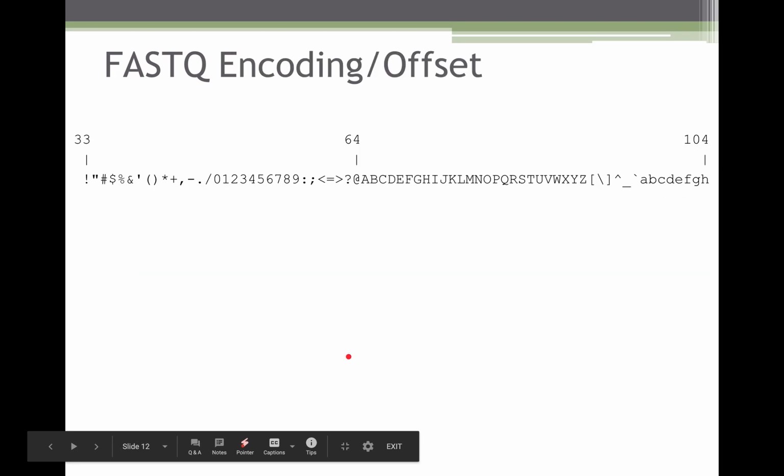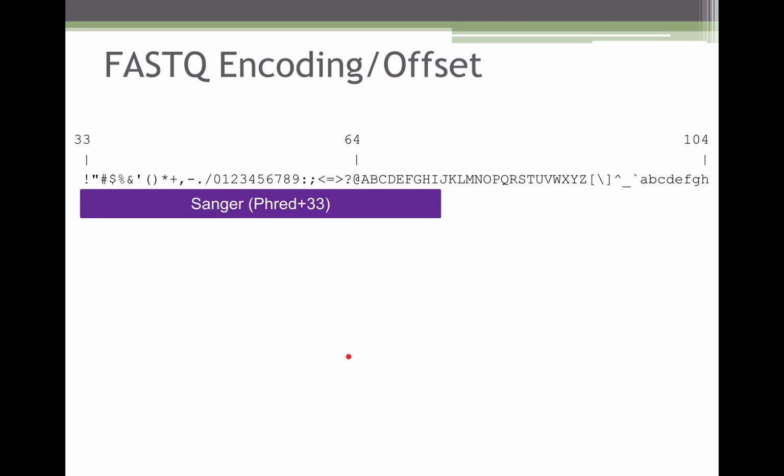So originally, the Sanger sequencing follows a Phred plus 33 offset scoring scale. So it used all the values ranging from this character up to I to represent different quality scores.